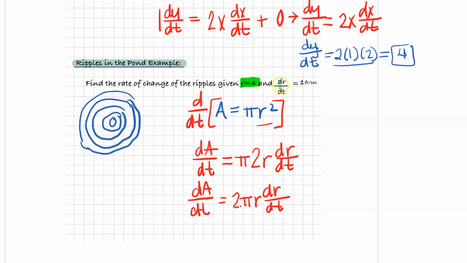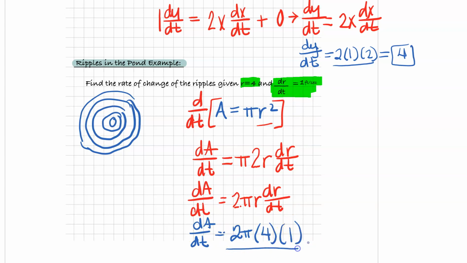What is it when r is 4? And the rate of change of your radius is 1 feet per second. So I'm going to plug all that in. So that would be dA/dt is equal to 2 pi. I know r to be 4 and dr/dt to be 1. So I'm going to multiply that all together, and that gives me 8 pi, that's an exact number, feet per second.